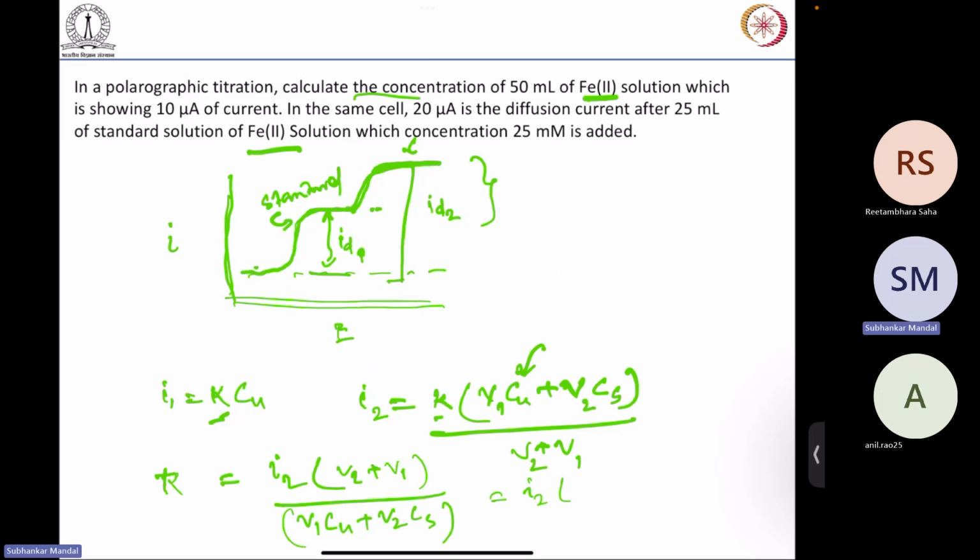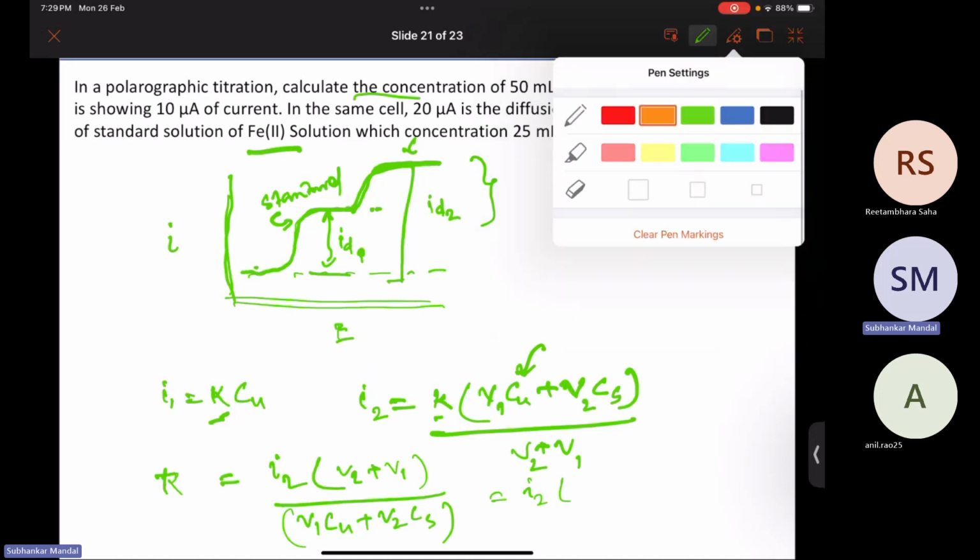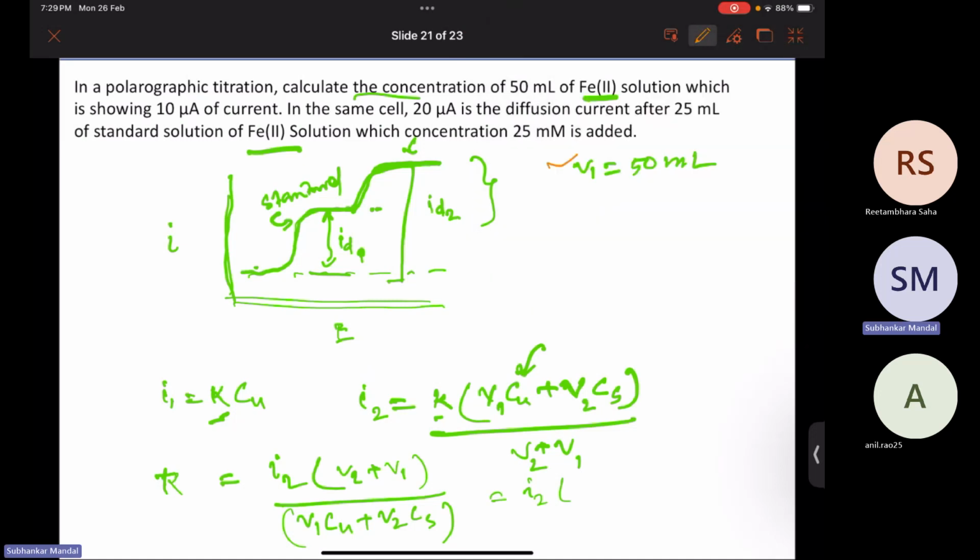It is given to calculate the concentration for a 50 ml Fe solution. So V1 is given as 50 ml. V2, the standard solution, is 25 ml.